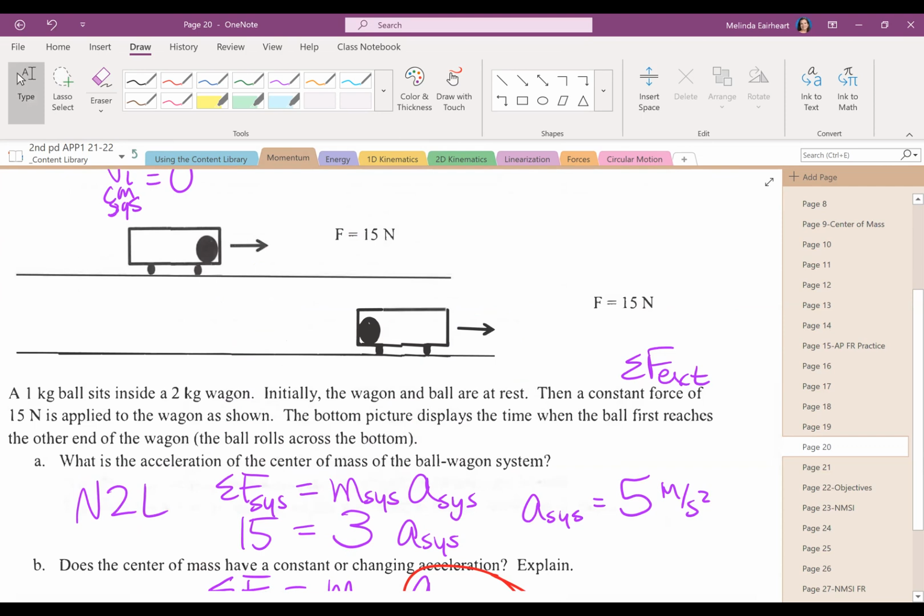The wagon covers a greater distance, so you can kind of look at the front of the wagon, x equals 0, to this side, x_w,f. Look at your ball, center of the ball to there. And your system would maybe be somewhere, you know, center of mass of your wagon, center of mass of the ball. And so this would be for your system.